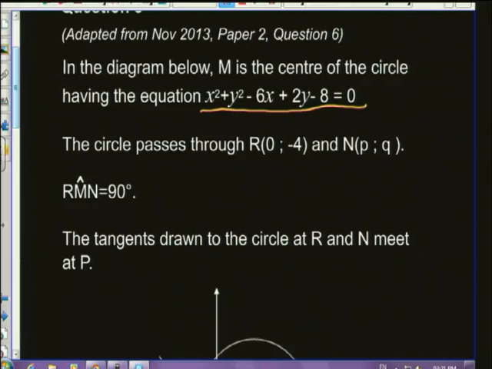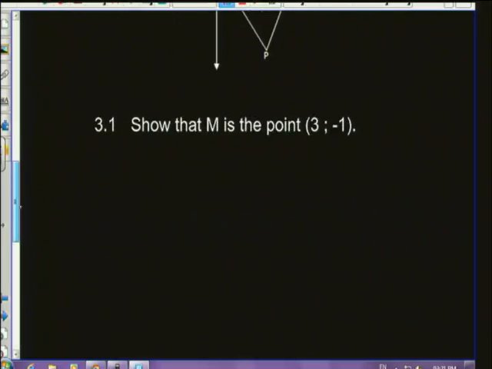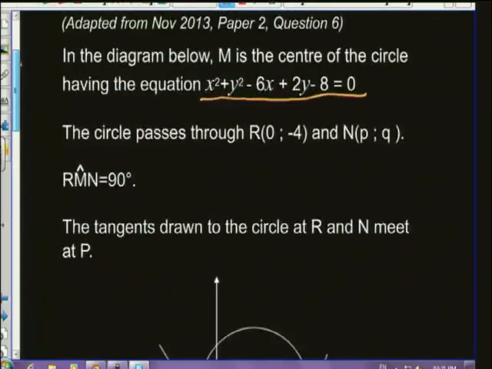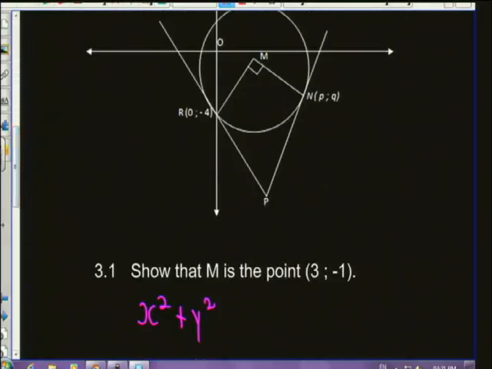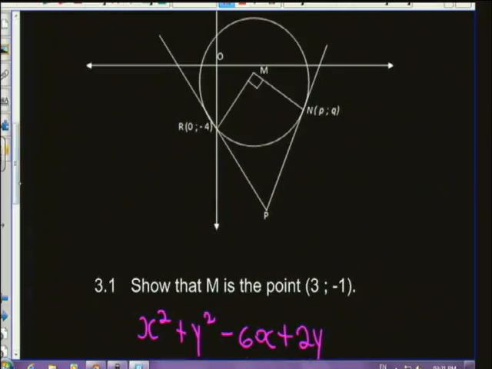Right, so if we take our equation, it is x squared plus y squared minus 6x plus 2y minus 8 is equal to 0.